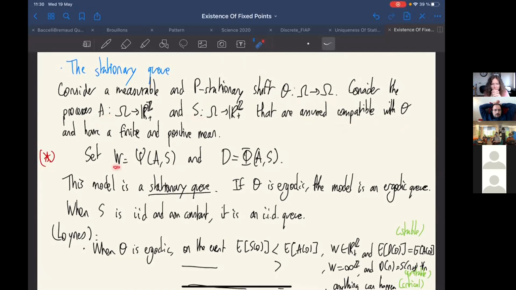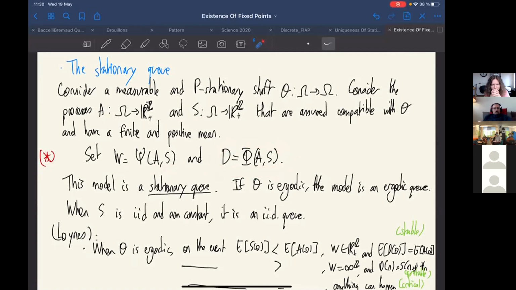And now we define the stationary workload process and the stationary inter-departure process as the output of the two mappings that we defined previously, applied to the stationary arrivals process and the stationary service process. We call this model a stationary queue. A stationary queue is basically this mapping in some sense, because this one is mostly used to define this one. This is the most important one.